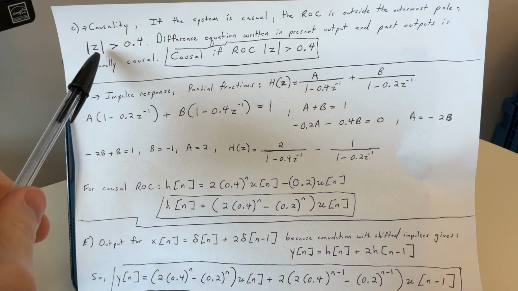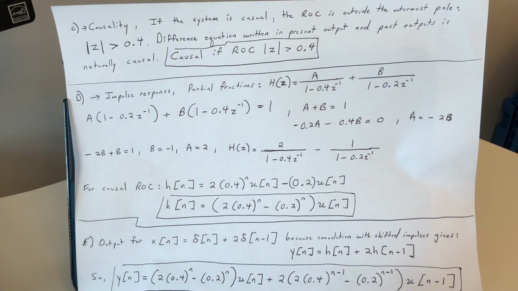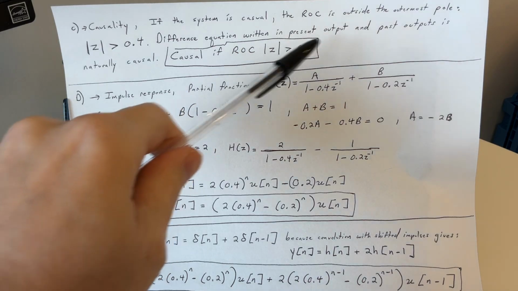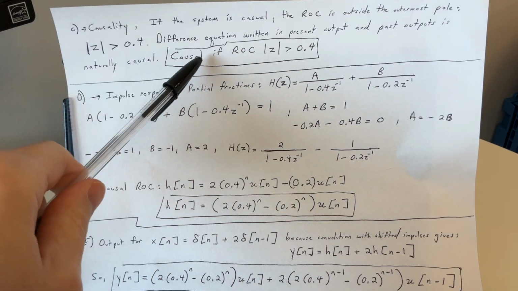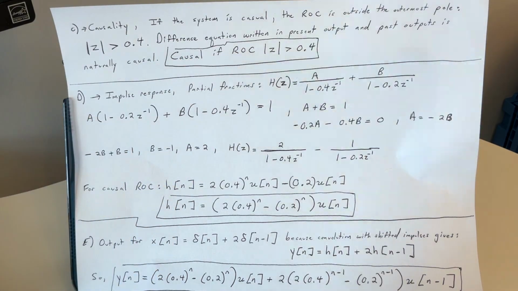The absolute value of z is greater than 0.4. The difference equation written in present output and past outputs is naturally causal. So the causal ROC is the absolute value of z greater than 4/10.